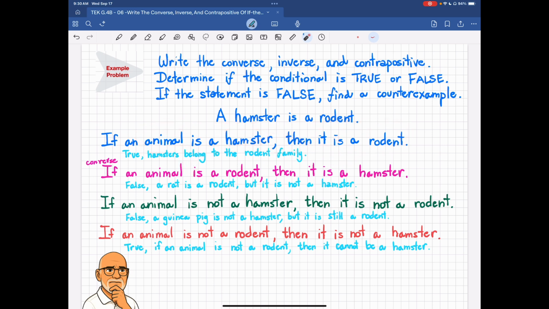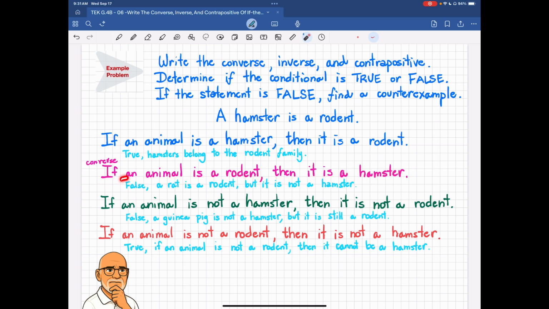So if we were doing this symbolically, this would be if P, then Q, and then this would be if Q, then P for the converse. So it reads, if an animal is a rodent, then it's a hamster.